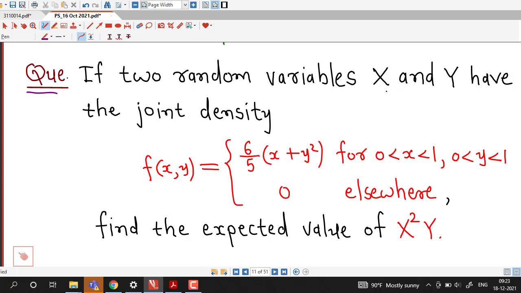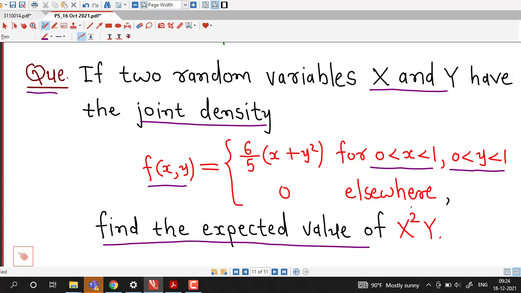If two random variables x and y have the joint probability density function given by f_xy equal to 6/5 times (x plus y squared) for 0 less than x less than 1 and 0 less than y less than 1, and 0 elsewhere, we are asked to find the expected value of the random variable x squared times y.